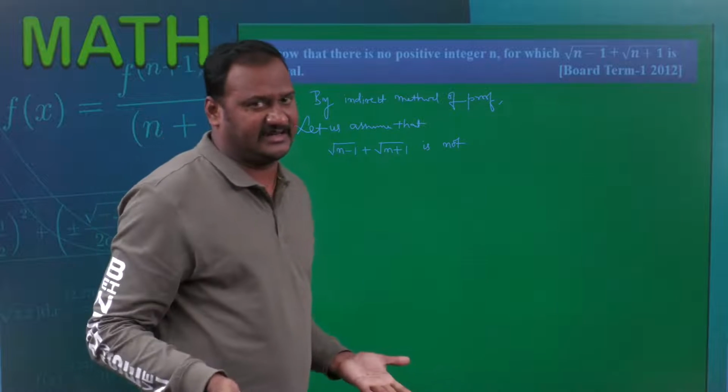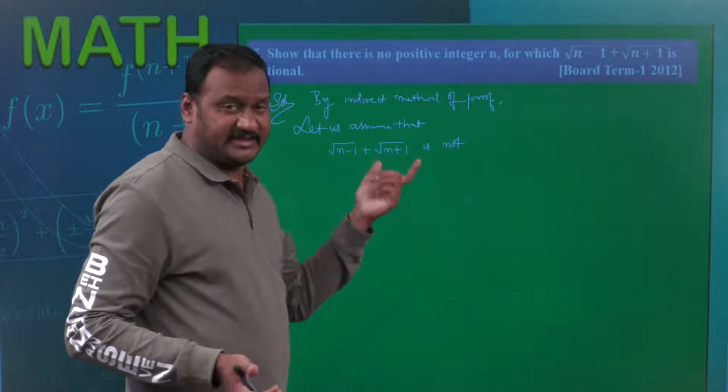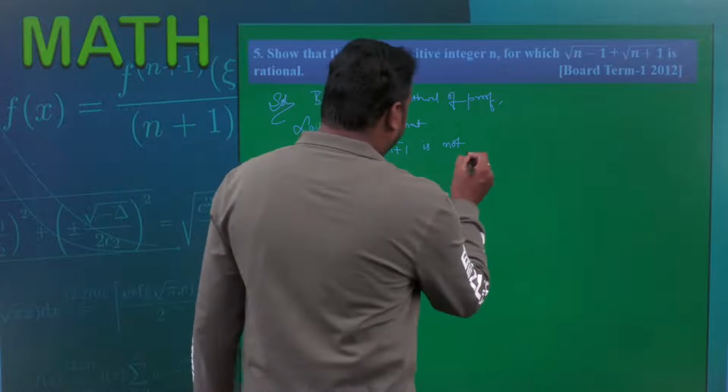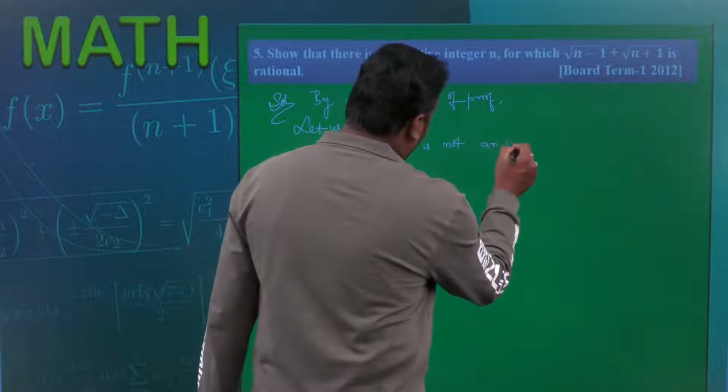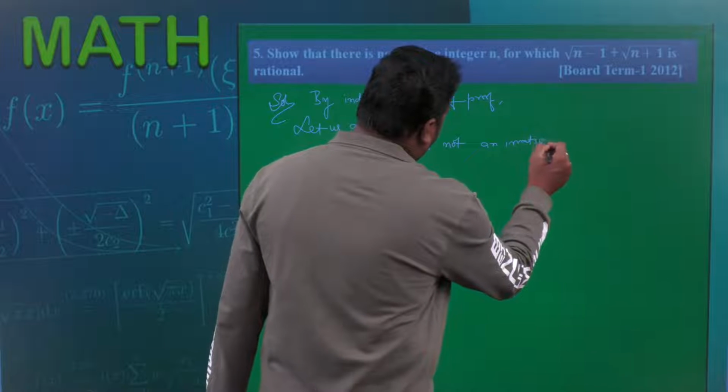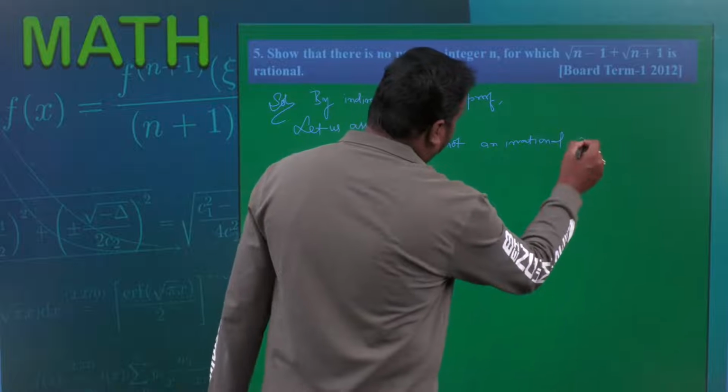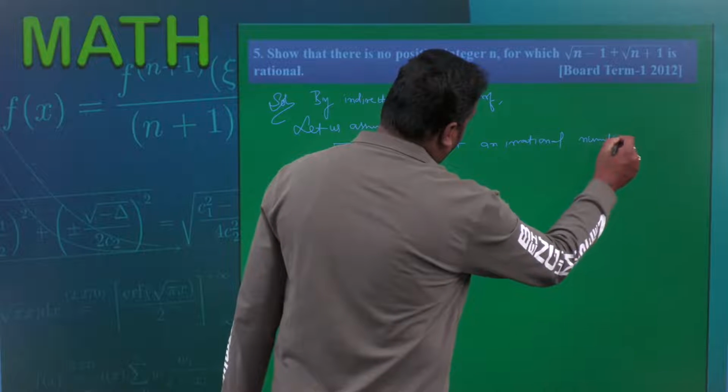There is no rational number like that, but we are assuming that it is a rational number. So it is not an irrational number. So since it is not an irrational number, then it should be a rational number.